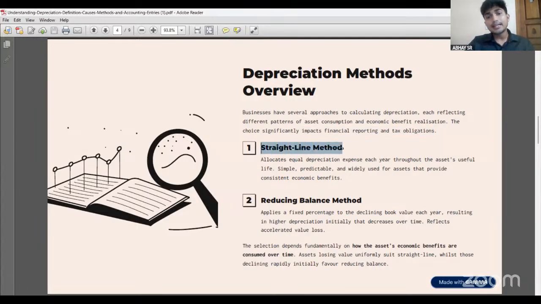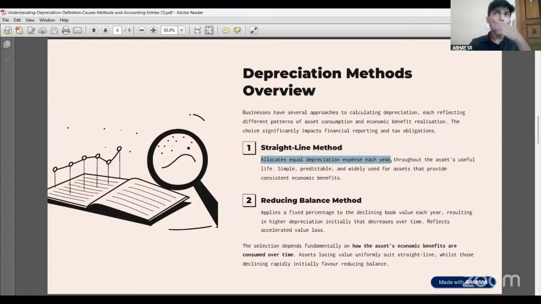About the straight line method of depreciation. As the straight line goes, it goes in a straight pattern. It doesn't go in an upward or downward trend. As the name suggests, the straight line method of depreciation allocates equal depreciation expense each year.